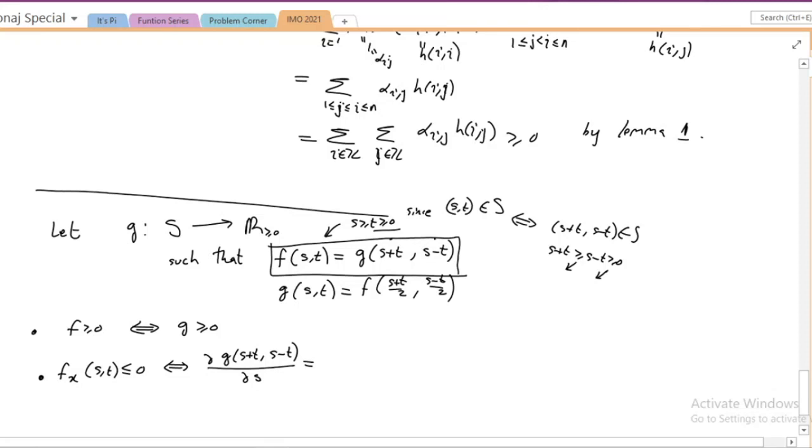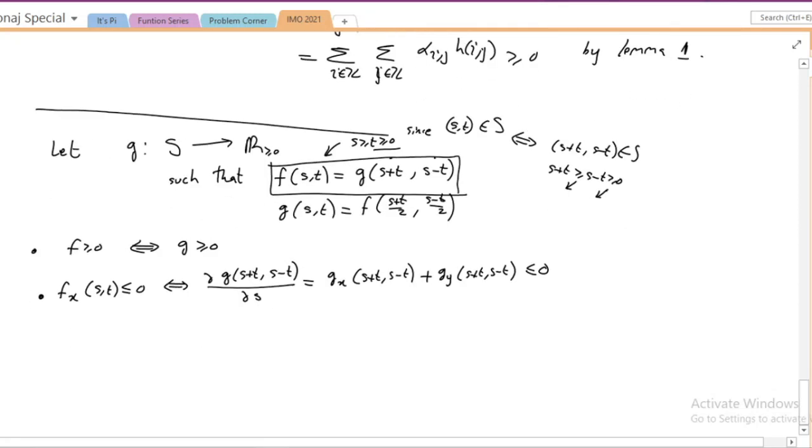Differentiate the first part with respect to s, we get 1, so we get this plus, and for the second one we still get 1, so g_y and the same stuff. So this is less than or equal to 0, so that's what this becomes.